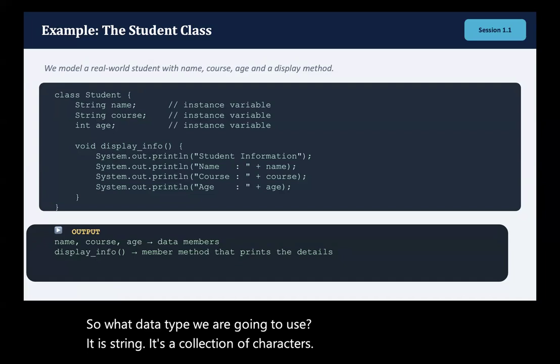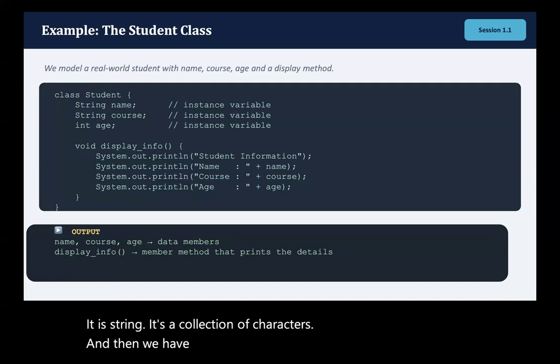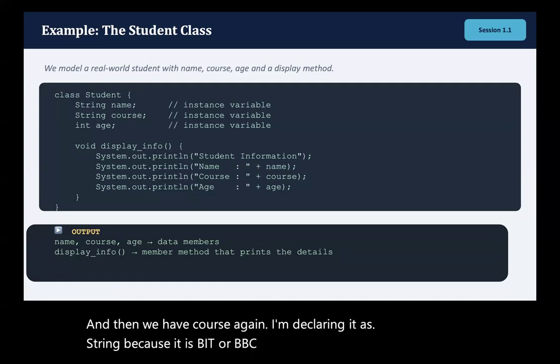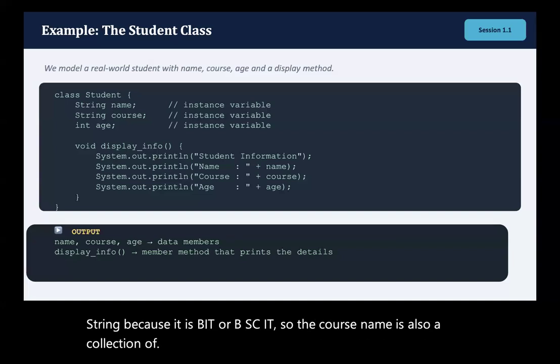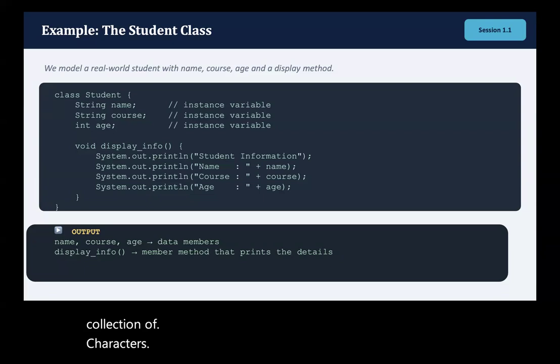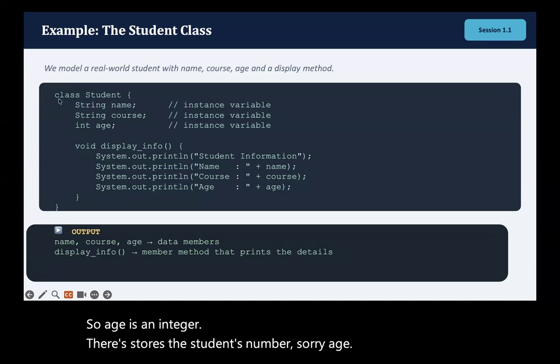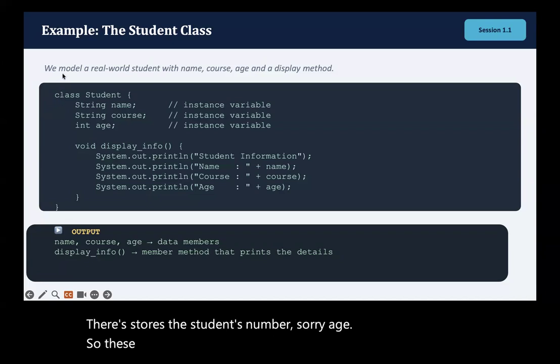And then we have course. Again, I'm declaring it as string because it is BIT or BSCIT, so the course name is also a collection of characters. And then we have age. Age is an integer that stores the student's age. These variables represent the data of the student object.